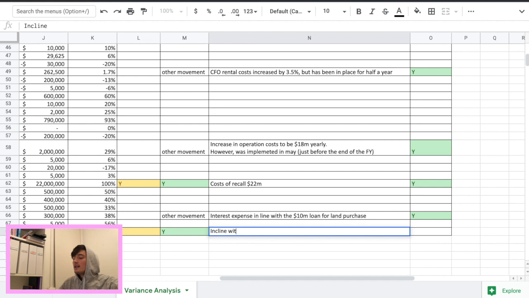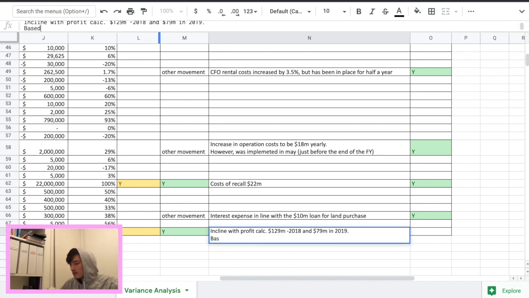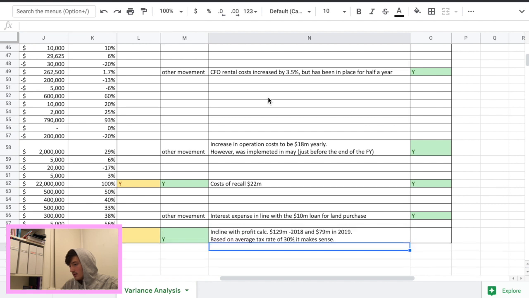So for this, I had to make a calculation for their revenues and apply a rough tax percentage of 30 on average. 2019. And I will say that, just important to have it there. Tax rate of 30%. And it makes sense.